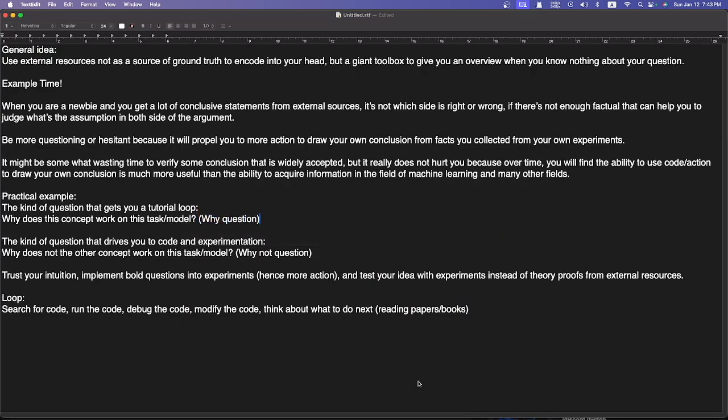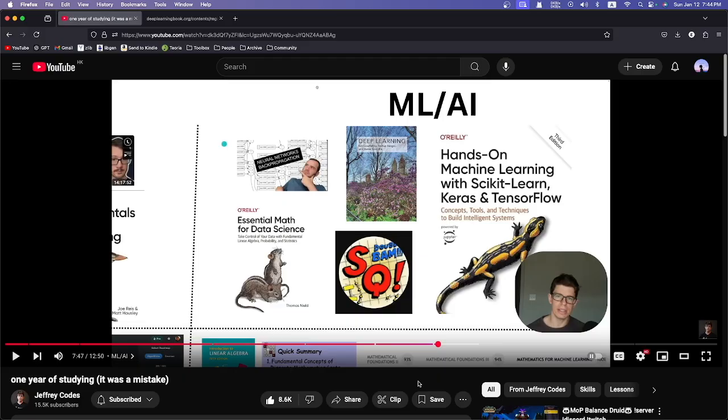So the general idea behind learning a particular topic, in this case AI machine learning, is how you should use those external resources. In Jeffrey's case, he definitely crunched a lot of external resources throughout a year.